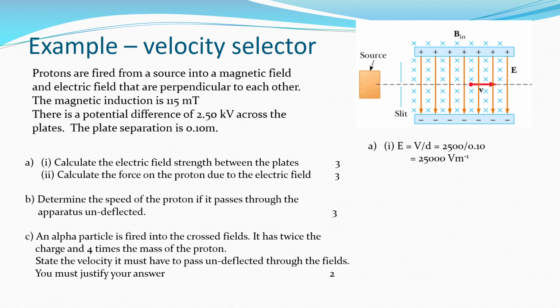So E is equal to V over d, which is 2,500 divided by 0.1, which gives us 25,000 volts per meter. F is equal to QE.